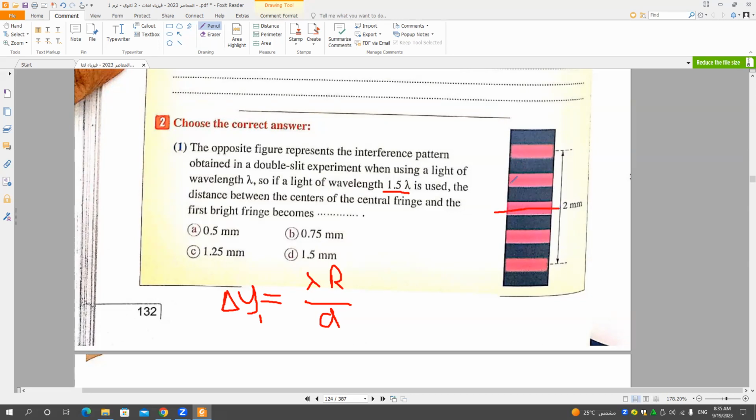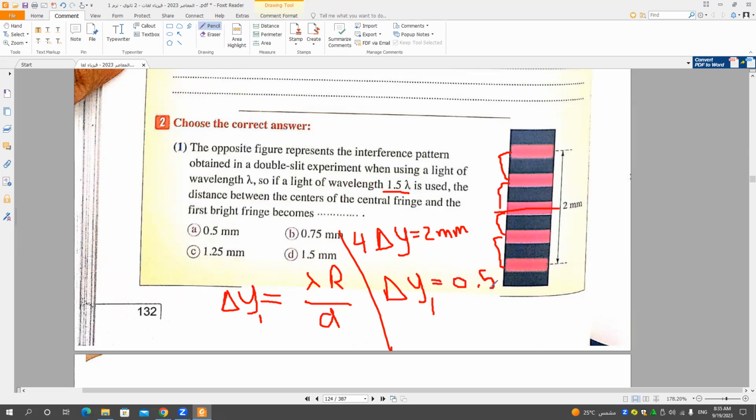This is 1, 2, 3, 4. 4 delta y equals 2 millimeter. So delta y1 equals 2 over 4, so equals half, half a millimeter.